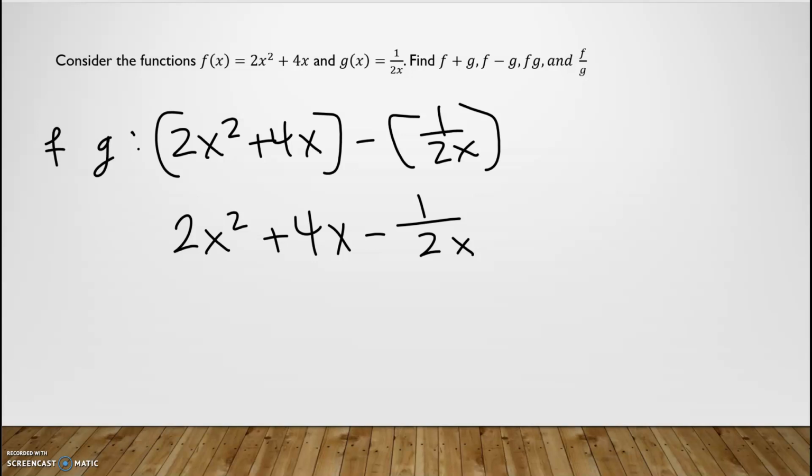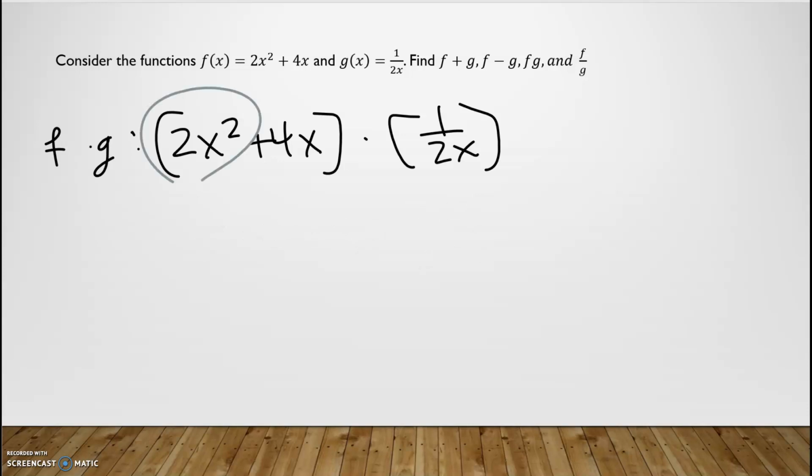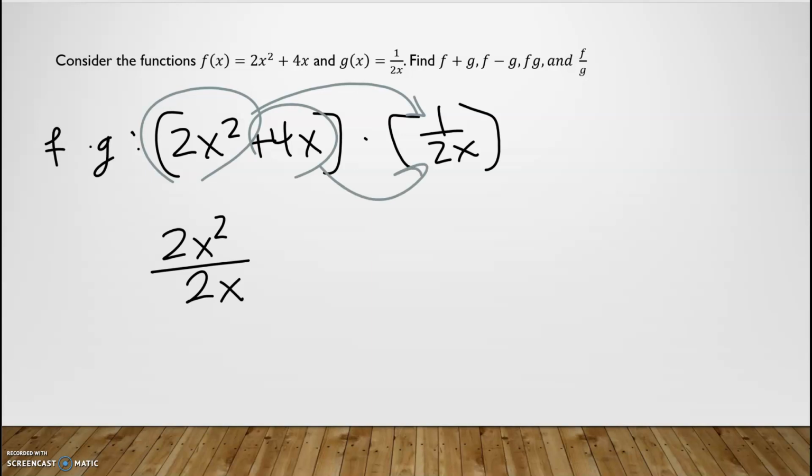Okay, if we look at times. I'm going to take this 2x squared, multiply it times this right here. So I'm going to get 2x squared over 2x, and then take this 4x times this 1 over 2x, plus 4x over 2x.